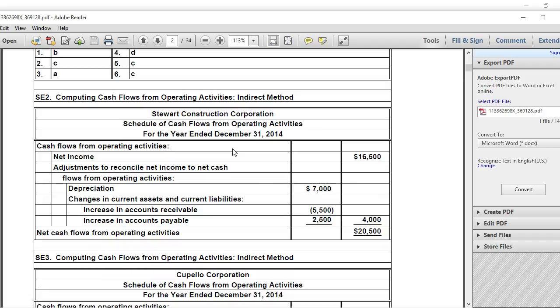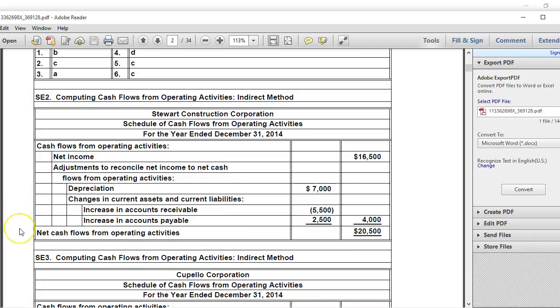So in order to adjust our net income accordingly to cash, we're going to increase or add back to our net income our increase in accounts payable. So looking at this, our net income, and then we add back our depreciation, we add back the increase in accounts payable, and we subtract our increase in accounts receivable to arrive at our net cash flows from operating activities.